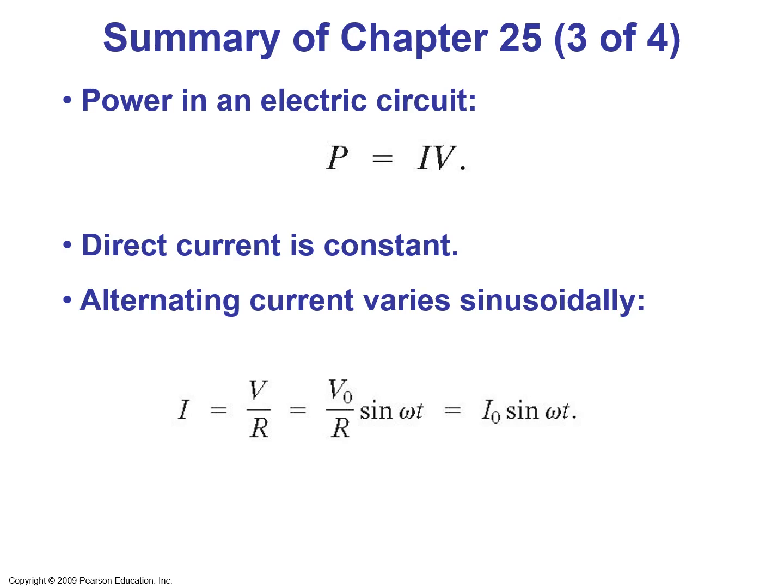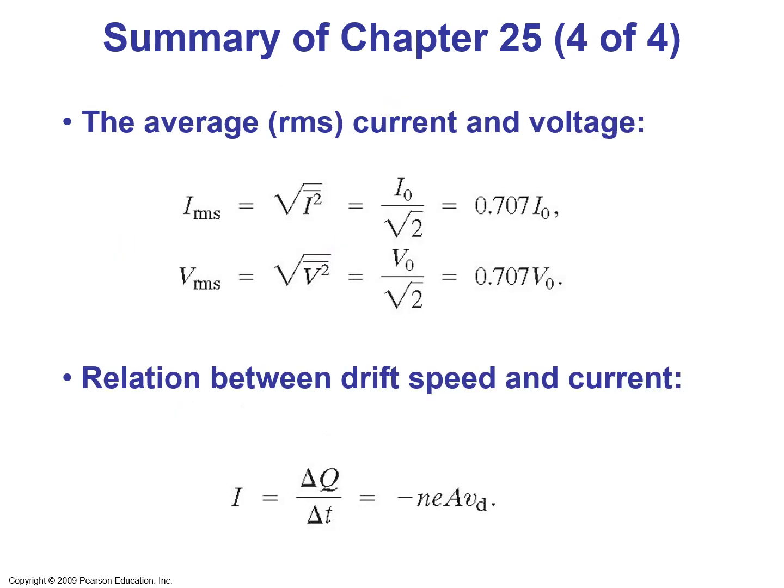I equals V over R equals V naught over R sine omega t, which is equal to I naught sine omega t. The average RMS current and voltage are defined as I RMS equals the square root of I squared mean, which is equal to I naught over root 2, and is equal to 0.707 times I naught.